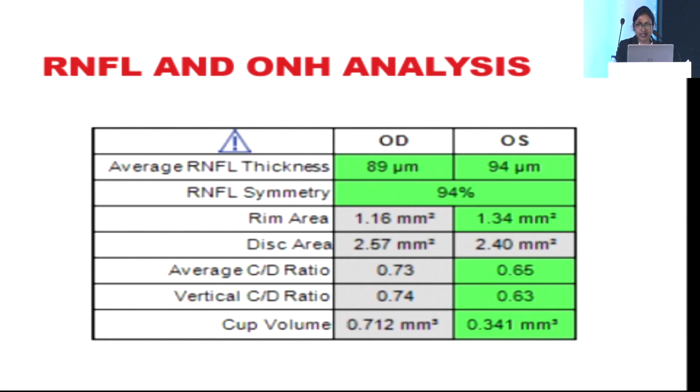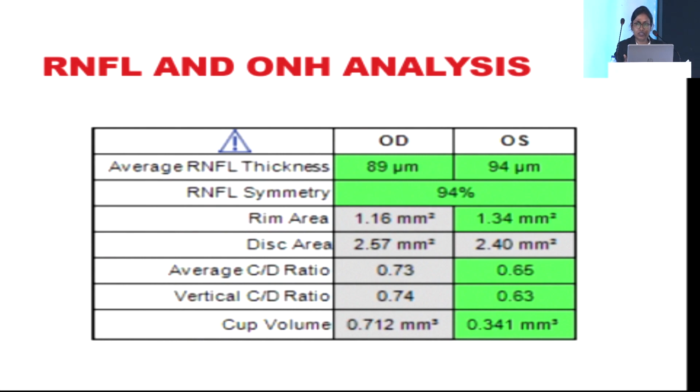These are the various parameters that are assessed by the OCT machine and are very helpful in patients with glaucoma, like average retinal nerve fiber layer thickness, symmetry, disc area, rim area, and average CD ratio, and these are color-coded. They are compared with the normative database. If it is less than 1%, that is shown in red.